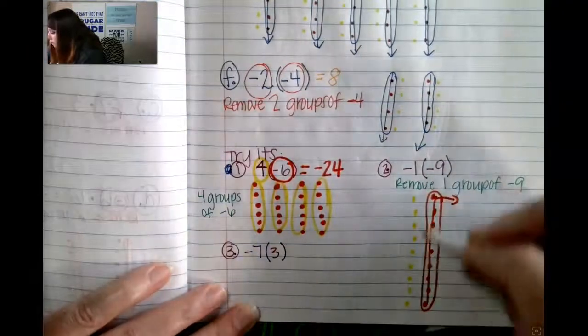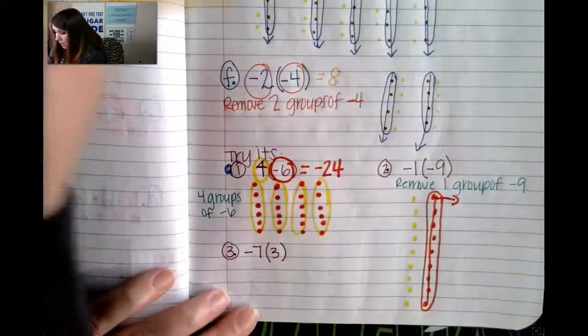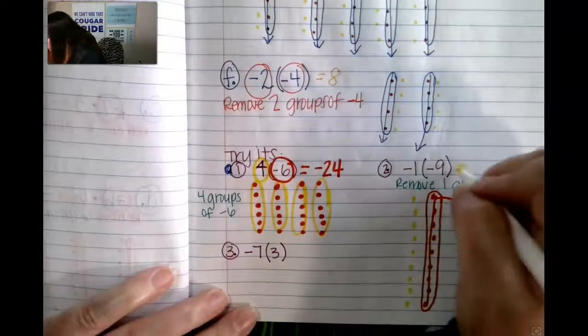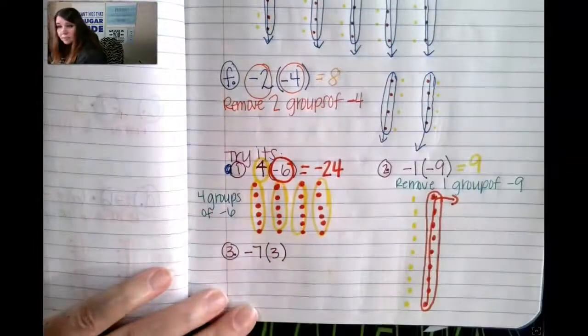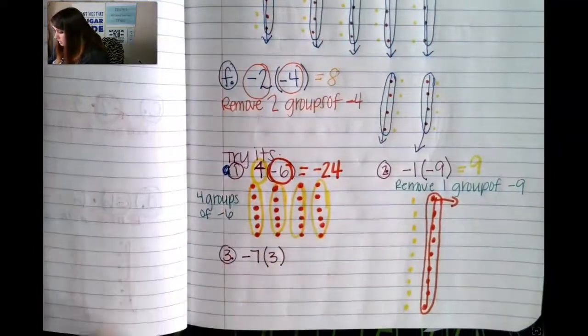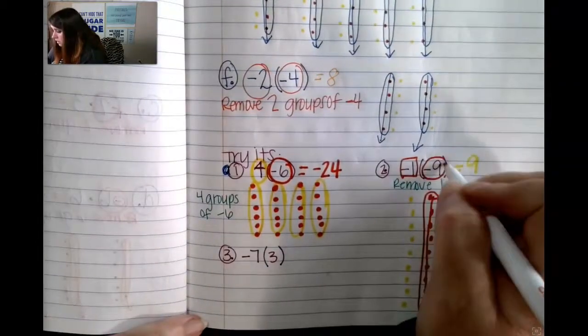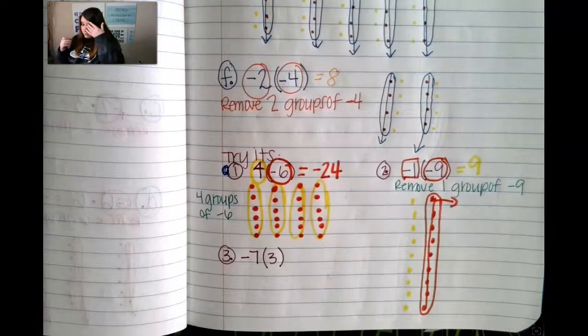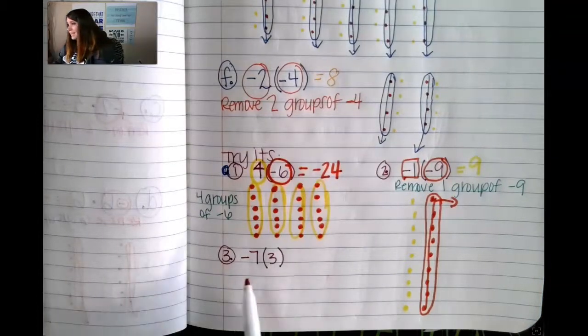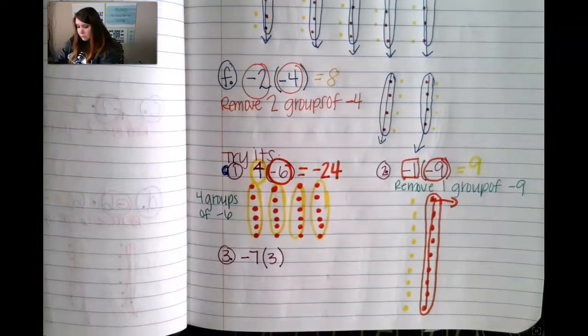Which leaves me with 9 positives. So this equals 9 positives. I had to remove 9 negatives.